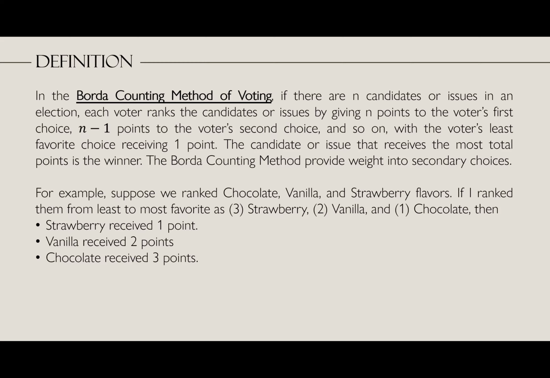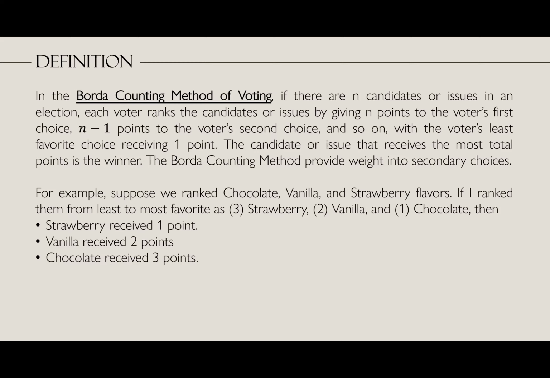So let's say I worked with this. Suppose I had 3 ice cream flavors, the basic ones, chocolate, vanilla, and strawberry. And let's say that I ranked them myself and I said strawberry is my least favorite. I'm going to give it a 3. Vanilla is my second, middle of the road, and chocolate is my favorite. I want to give it first place. That's my first pick.